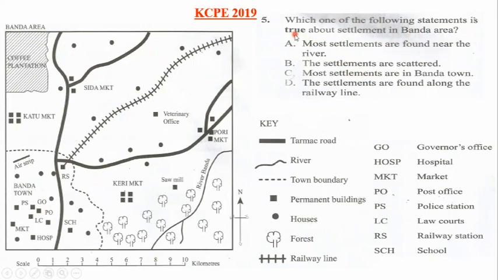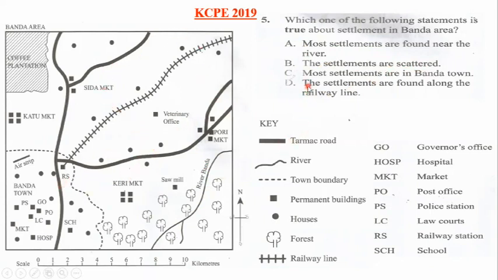It means three are false, one is true. Let's see. Most settlements are found near the river. There is nobody living near the river, so that is false. The settlements are scattered. Of course, in this area people are scattered.